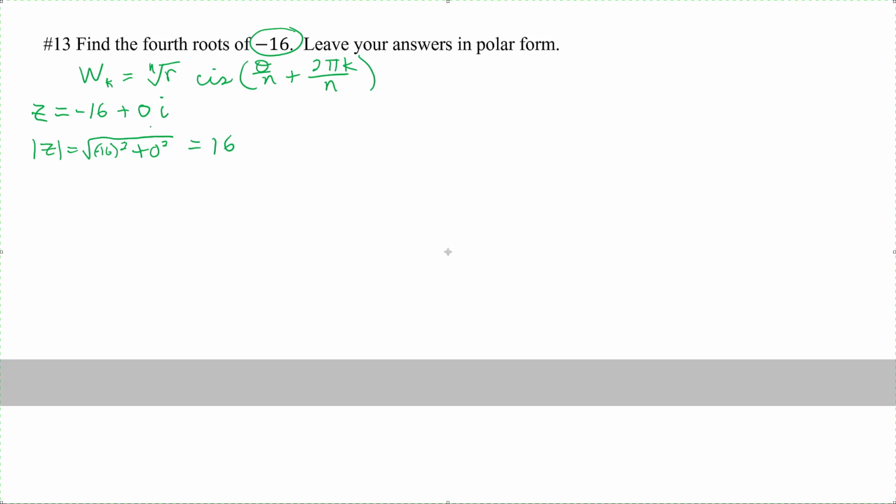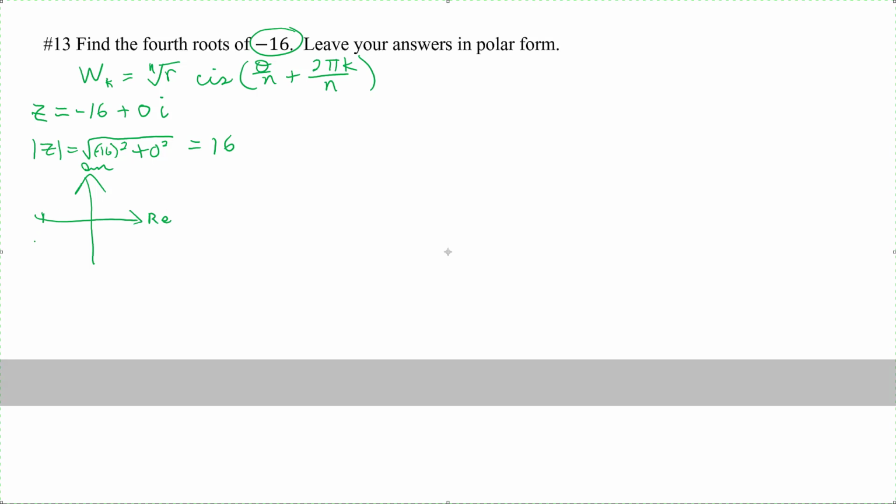And then we need to also find the angle. We need to put z into polar form. It's in rectangular form right now, so to put it in polar form, we also need the angle of z. Well, let's see where this angle ends up. We have a real axis and we have an imaginary axis.